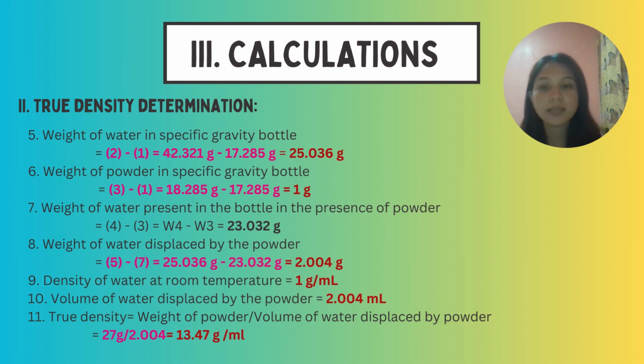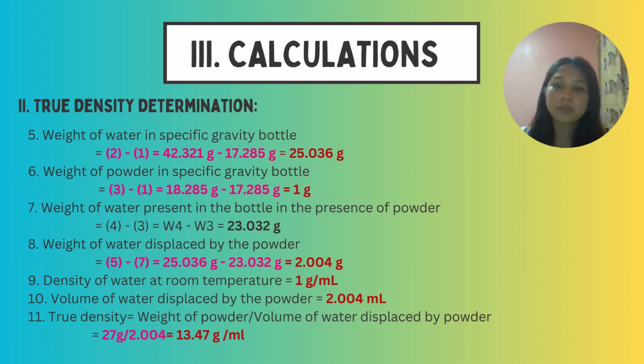23.032 grams. Then for the weight of water displaced by the powder, we subtracted the weight of water in the presence of powder from the weight of water, which is 25.036 grams minus 23.032 grams, which equals 2.004 grams. Then for the density of water at room temperature, we have the value of 1 gram per ml.